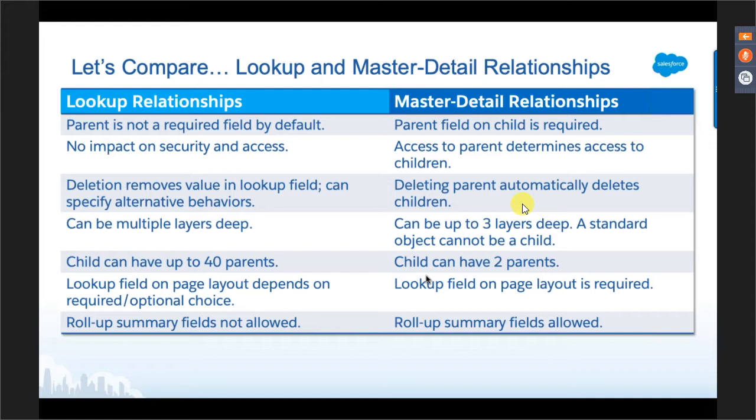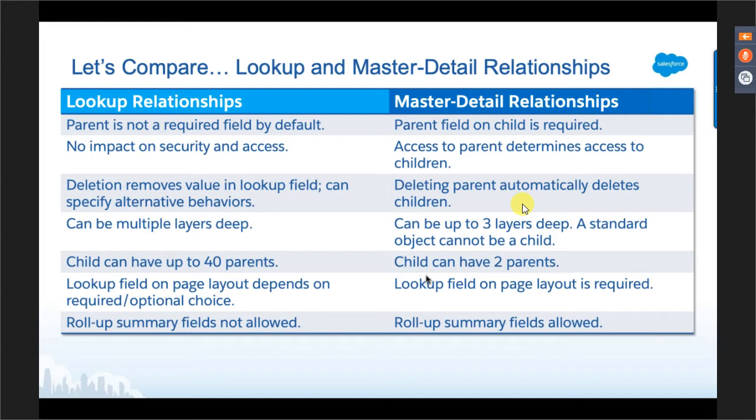But the ones that we're going to pay attention to that take you even further are really significant on this table when you compare the two. We already know that deletion or cascade deletion is possible in lookups, but not normal. It's an alternate behavior. In master detail, it always occurs. You delete the master, all details get deleted.